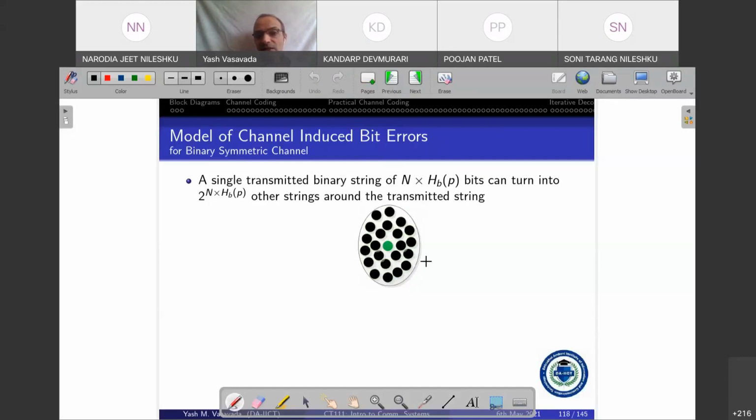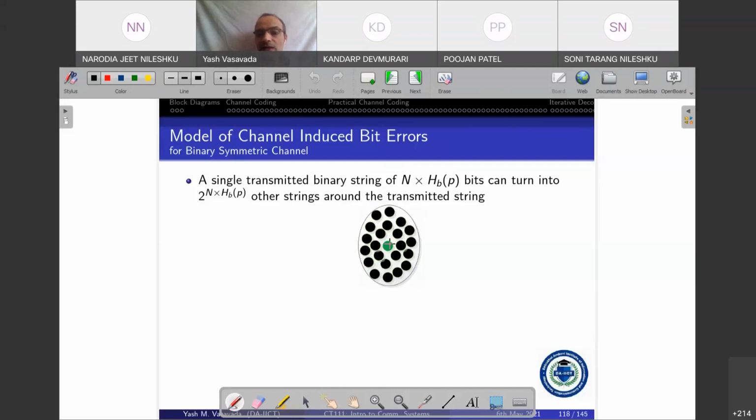This is sort of like that Hamming sphere that we were drawing. Except now we are saying this with certainty: if I transmit this code word at the center, there is no way that it can become any received sequence other than the ones shown in black.